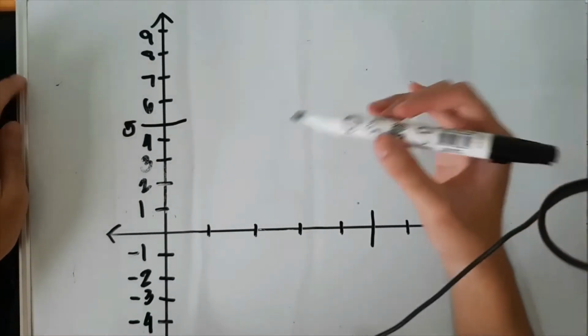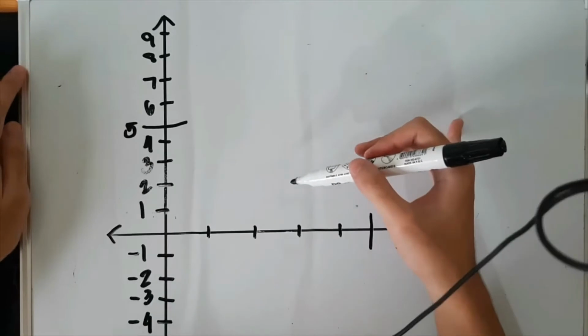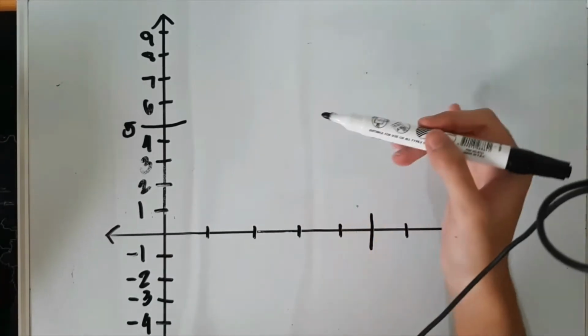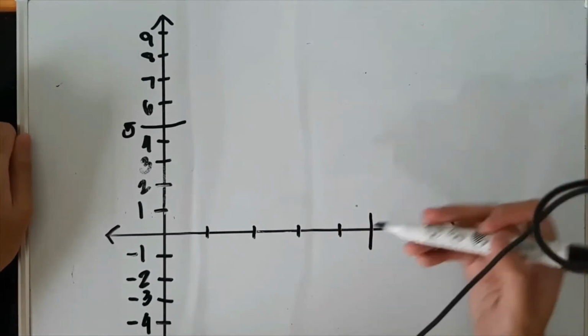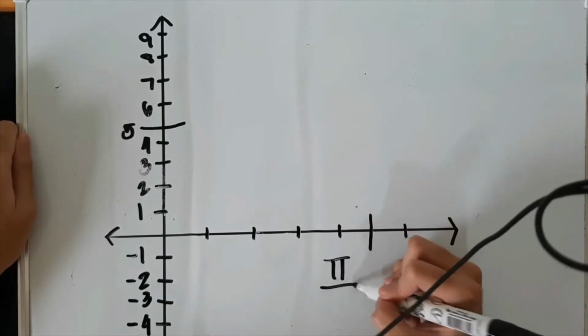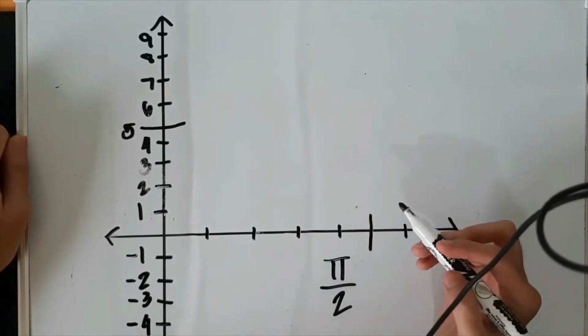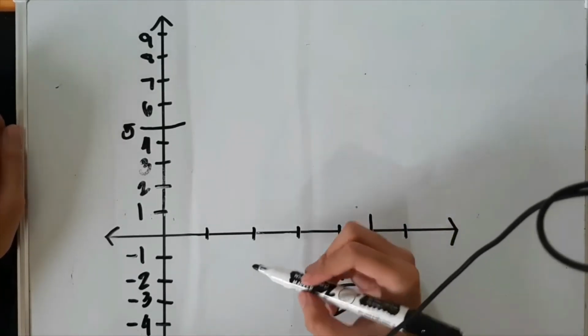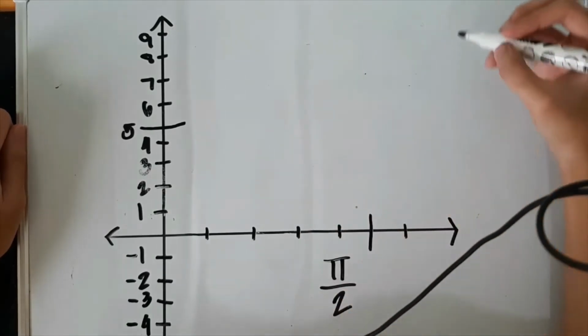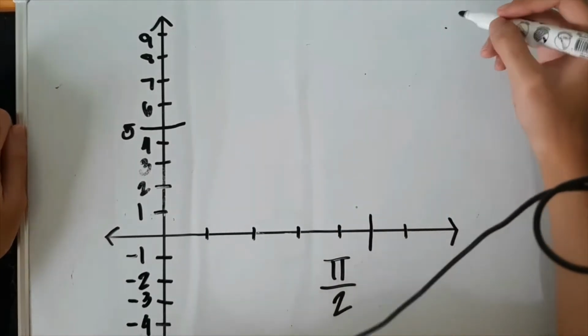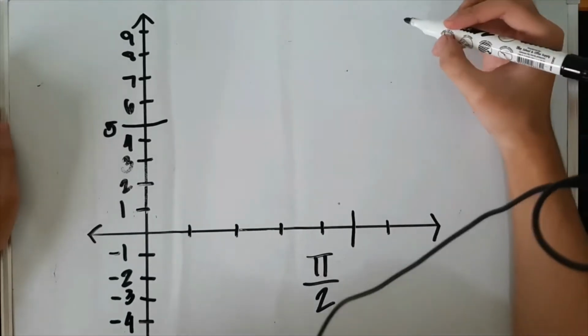First, we need to find our 5 points. Since our period earlier was pi over 2, let's go to the middle, which is 0 plus pi over 2 divided by 2.